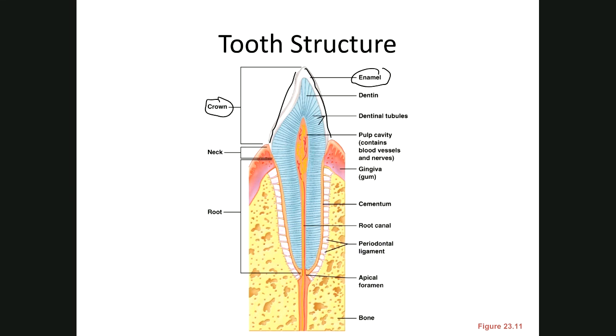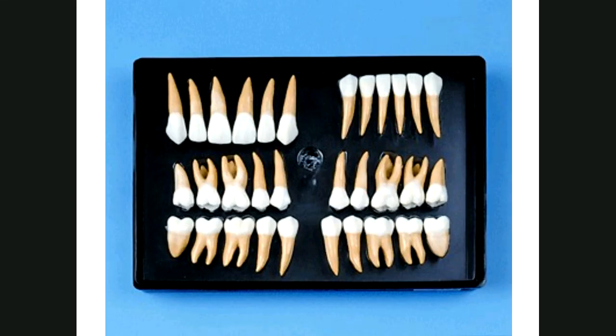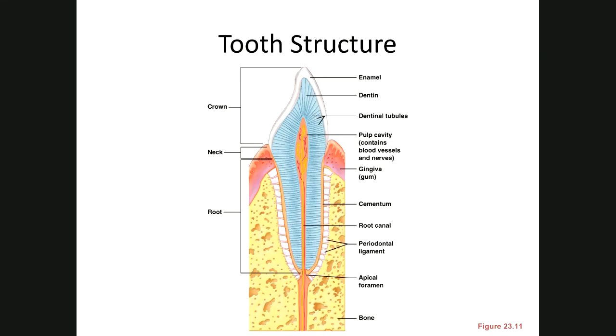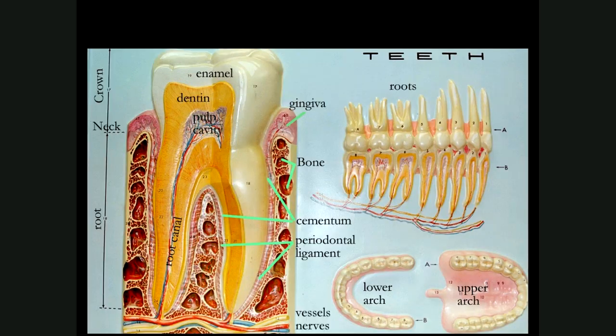This yellow that we saw here is called cementum. And the part of the tooth that's covered in cementum is the root. So we have a crown and we have a root. And between the two, we have the neck. So if we look at it, there's our crown, there's our root, there's the neck.